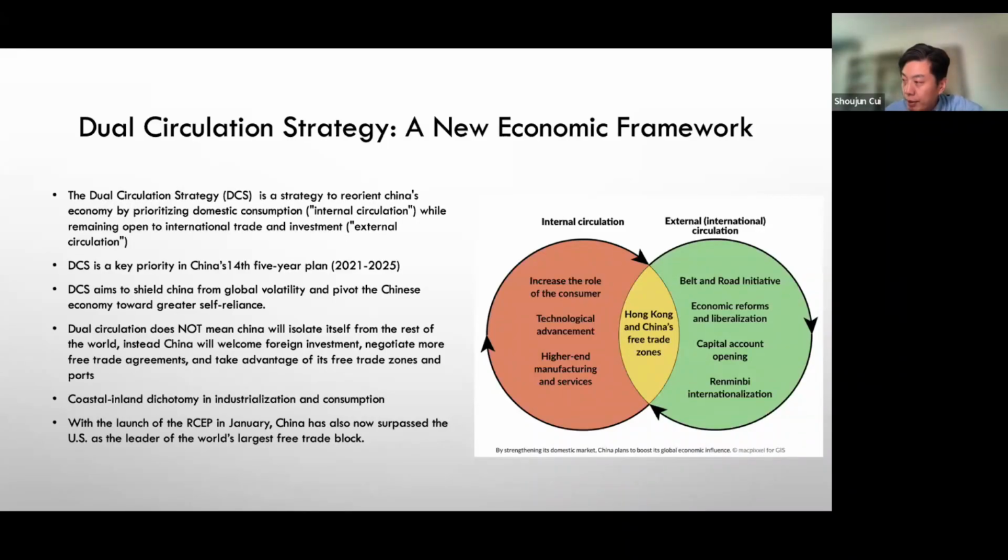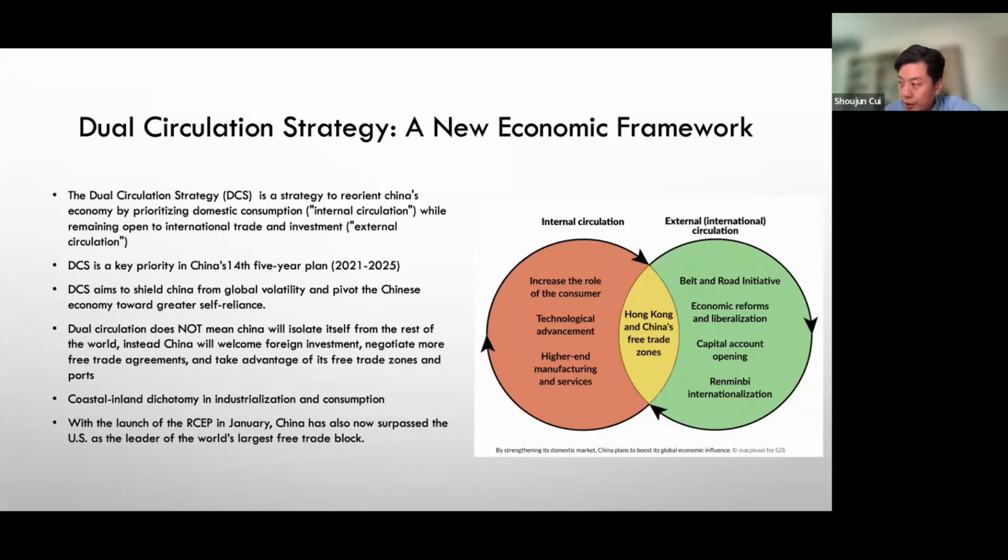Many frontier technologies are in incubation in China. Most important, I think, is the semiconductor or the microchip. If you follow Chinese news closely, you will notice that China puts a lot of investment in the semiconductor industry, and also high-end manufacturing and services.